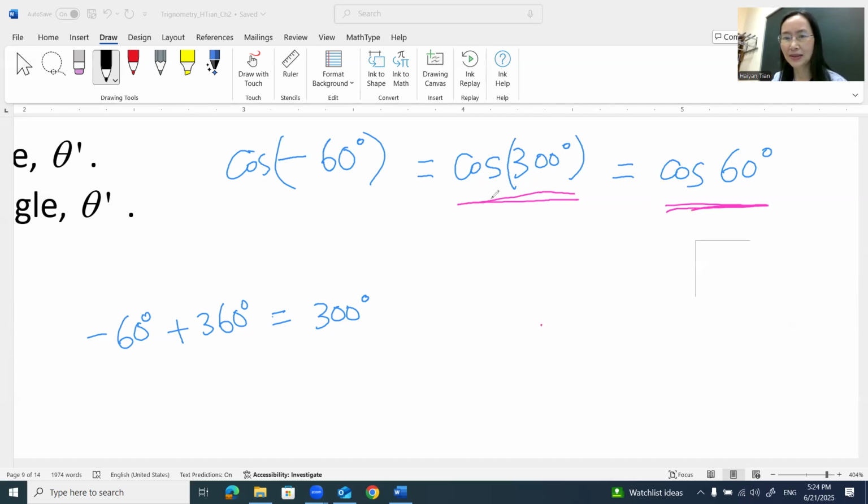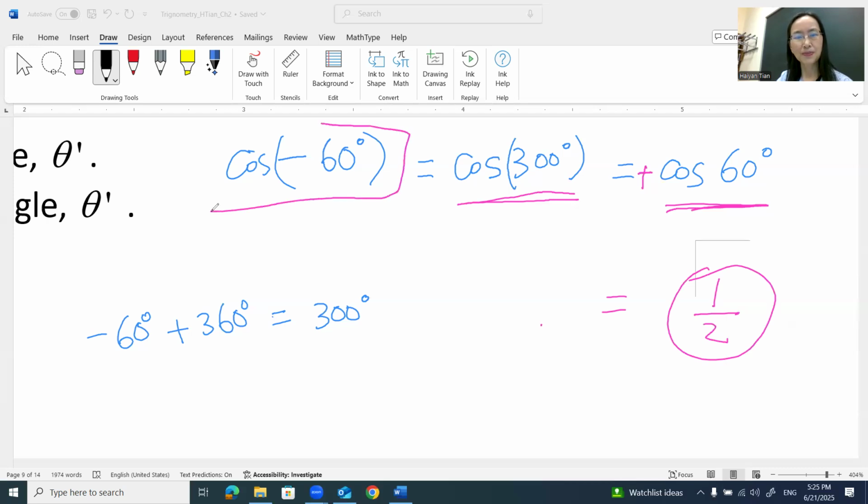So in this case, cosine 300 has the same sign as cosine 60 because cosine 300 is also positive. So we continue, we just use cosine of the reference angle, which is one half.